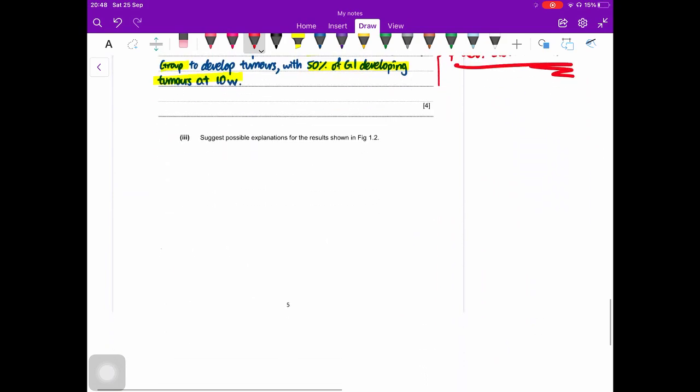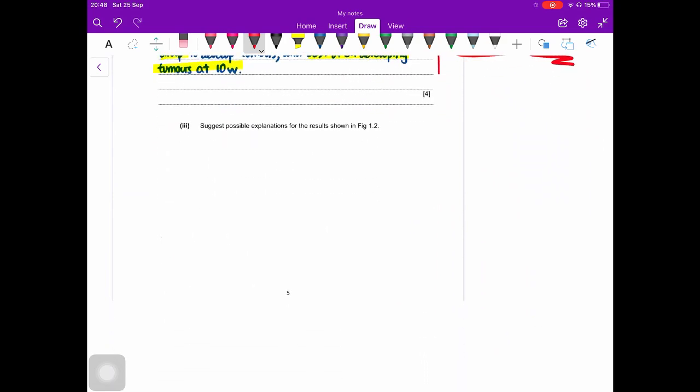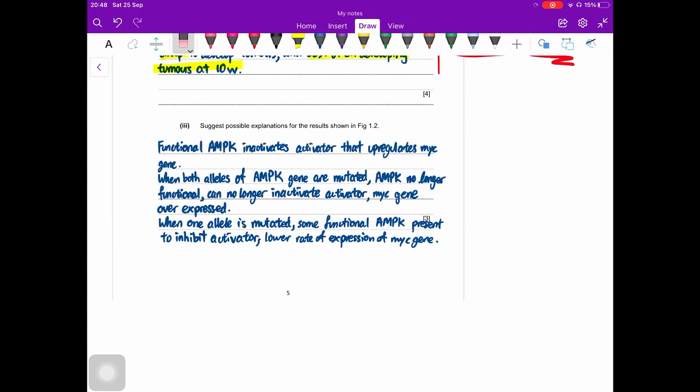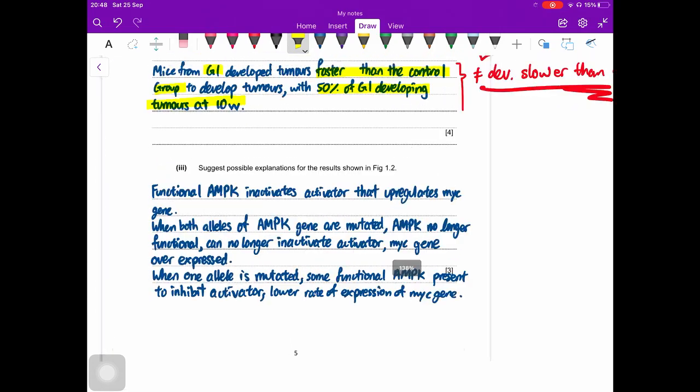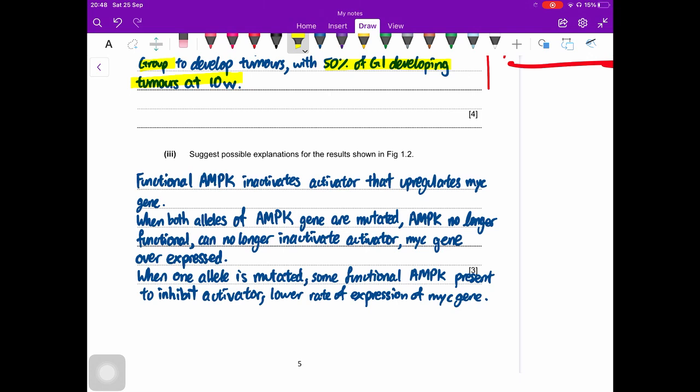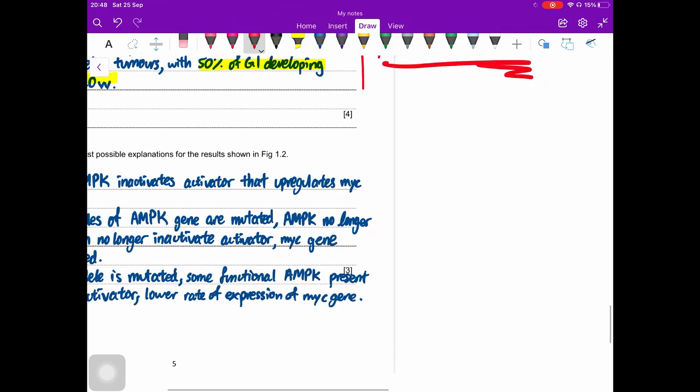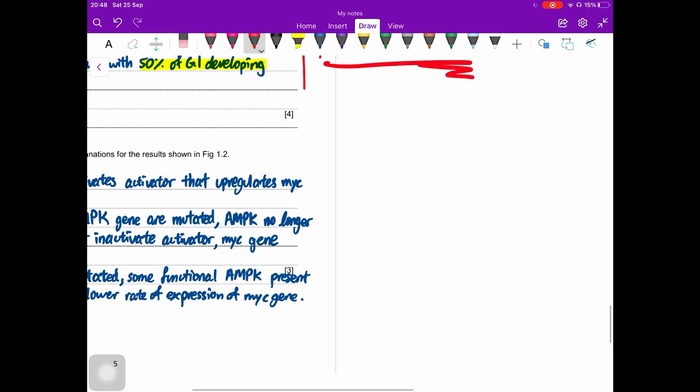Okay, so last question here. Suggest possible explanations for the results in 1.2. Okay, so we know that the control group develops tumors the slowest. And for the control group, they have 2 copies of your functional alleles for your AMPK gene.